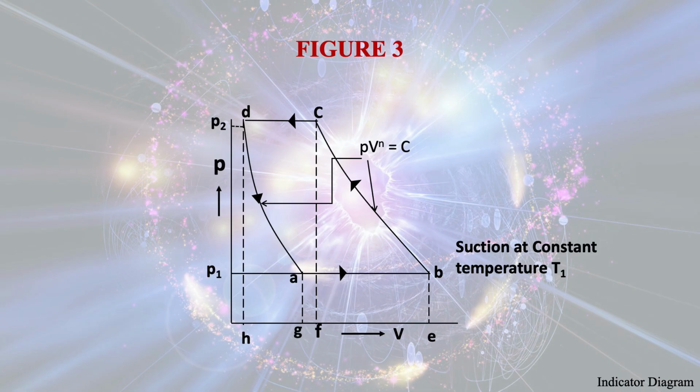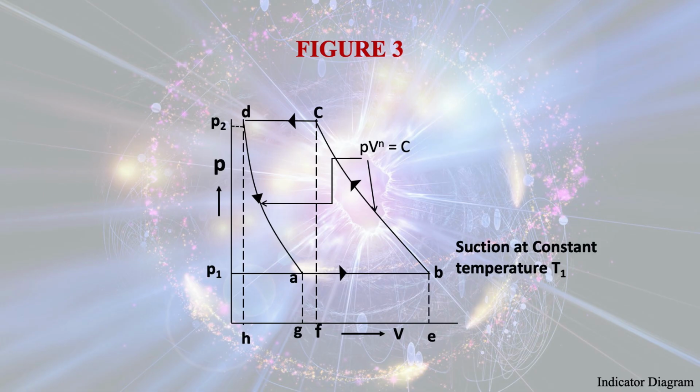You see that from B to C is a polytropic compression process, and C to D is the constant pressure process, and again D to A is polytropic expansion process, and A to B is constant pressure process.